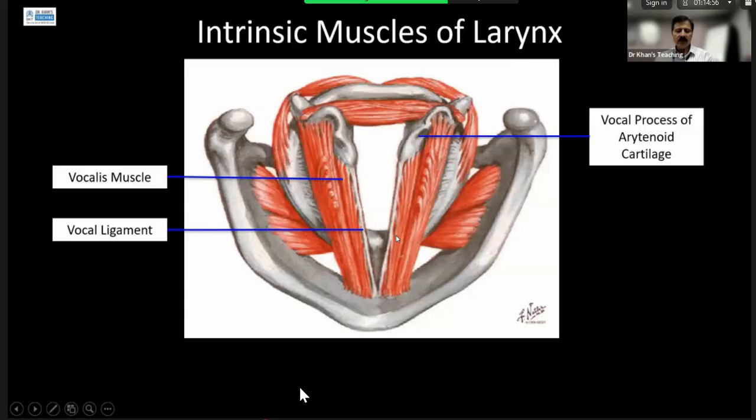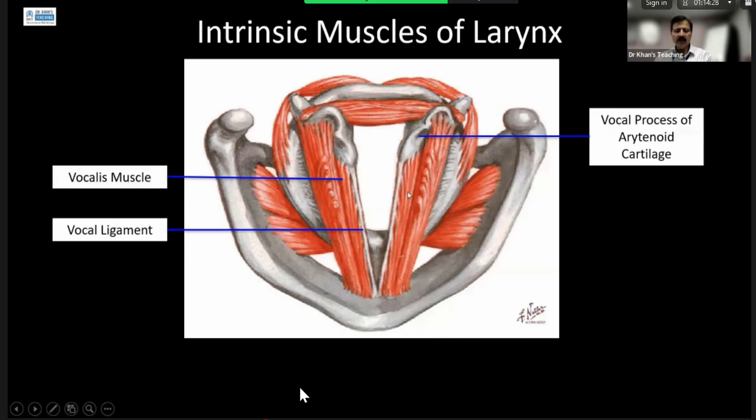Now, within the larynx there are multiple muscles. These are endolaryngeal muscles. You don't have to worry, but they will give you a soft tissue attenuation. You cannot discriminate them on imaging, but you should understand the concept. Here we are looking from the superior side, and this is the arytenoid cartilage. This is the vocal ligament, and on it is sitting this muscle, the vocalis muscle.